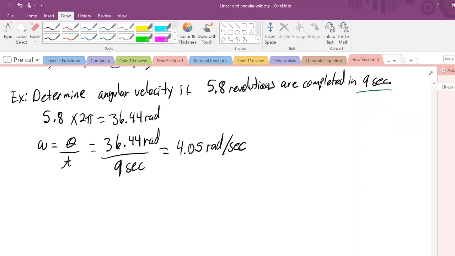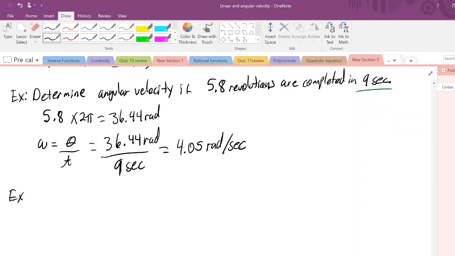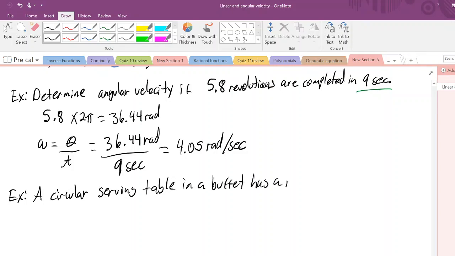Let's do one last example. A circular serving table in a buffet has a radius of 3 feet.